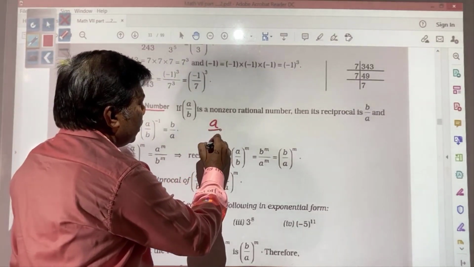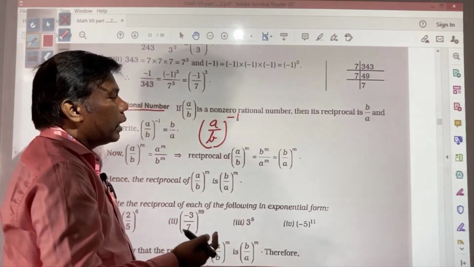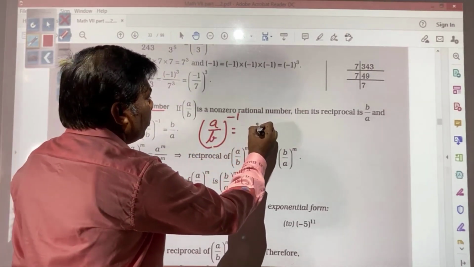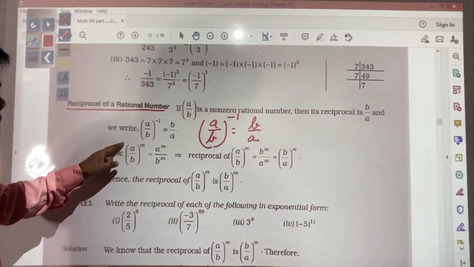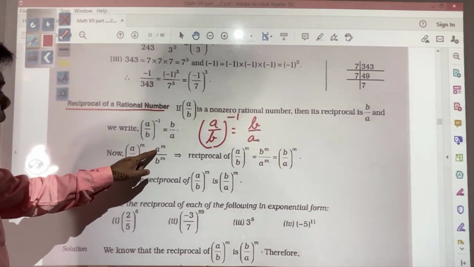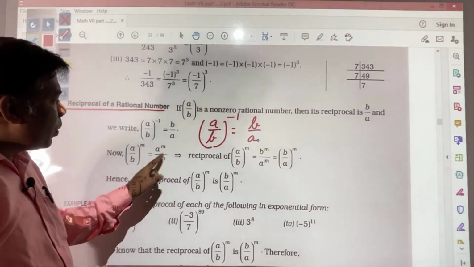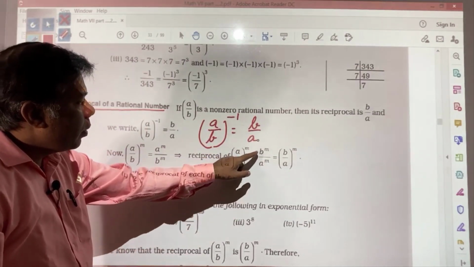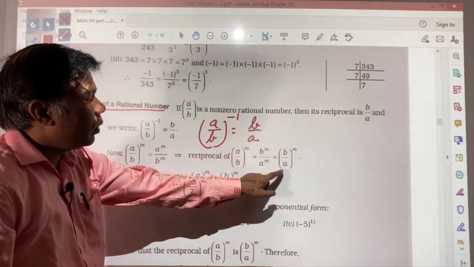A by b raised to the power minus 1 is read as a by b inverse, which is equal to b by a. So a by b to the power m is equal to a to the power m divided by b to the power m. And the reciprocal of a by b to the power m will be b to the power m by a to the power m, and that is equal to b by a to the power m.